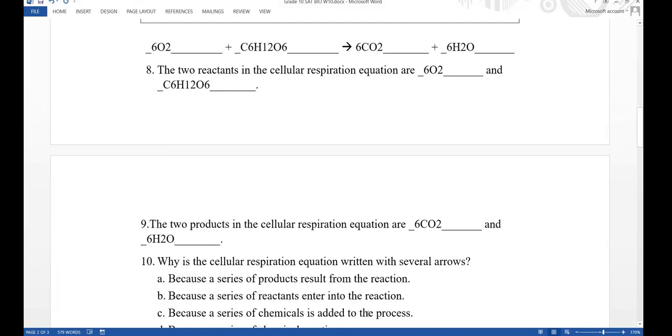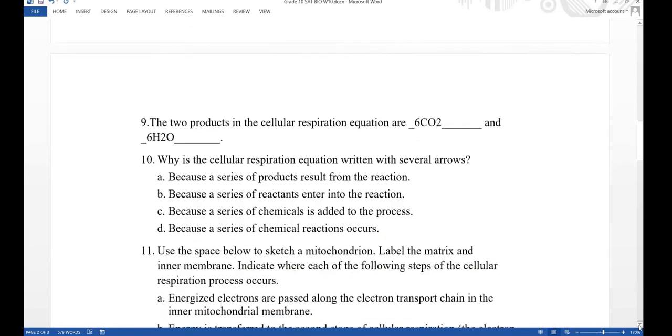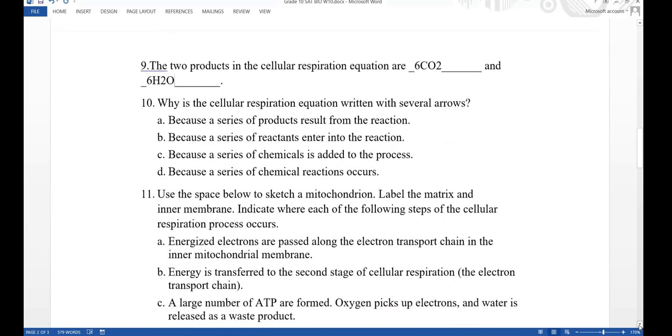Excellent. Number 10. Why is the cellular respiration equation written with several arrows? Because a series of chemical reactions occur. Very good. Because a series of chemical reactions occur, that is why it is written with a lot of arrows. D is the right answer.